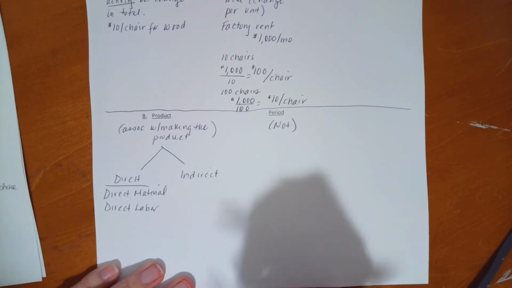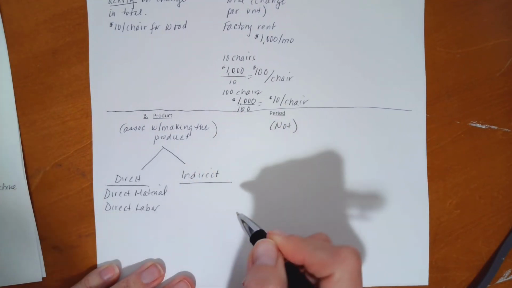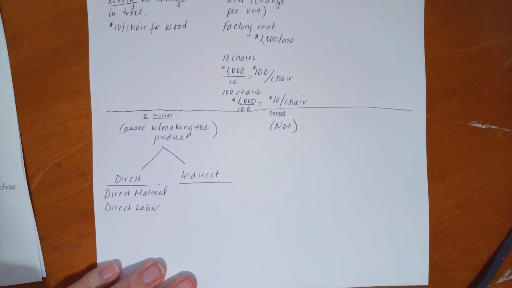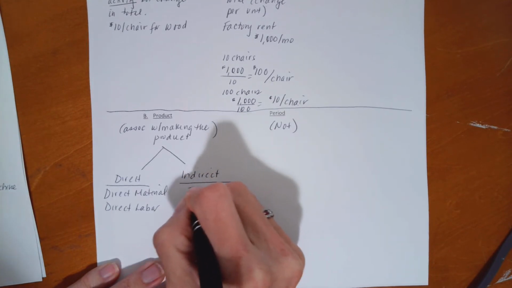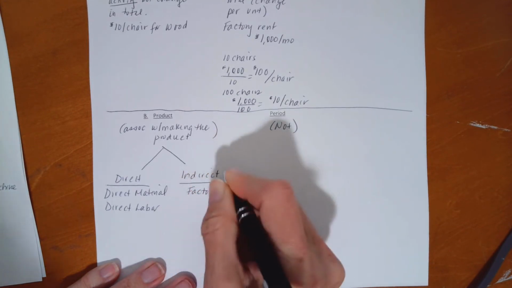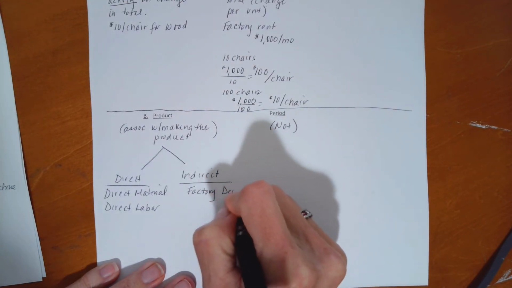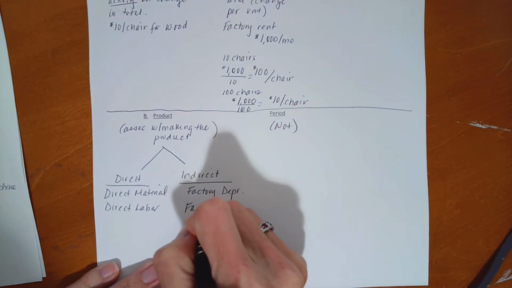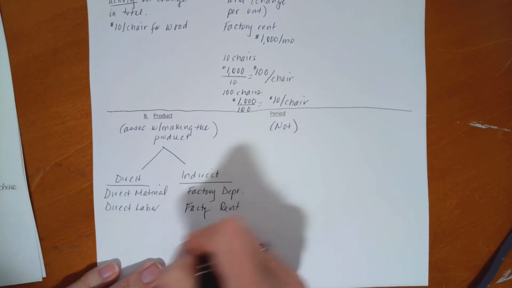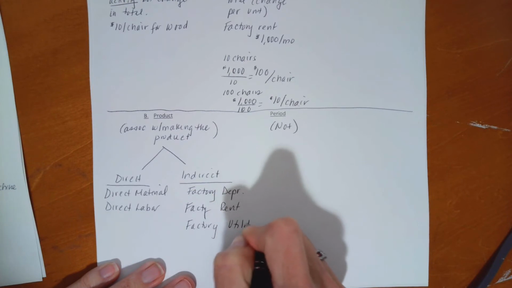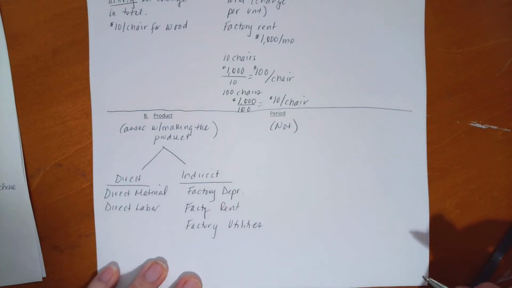Then there are indirect product costs, and this is everything else related to that product, but that's not directly traceable. So anything that has the word factory in front of it is going to be an indirect product cost. So for example, we can have factory depreciation, factory rent, factory utilities, okay?